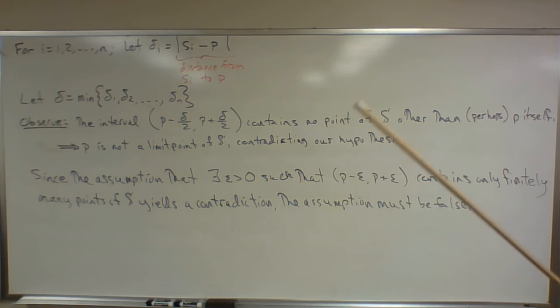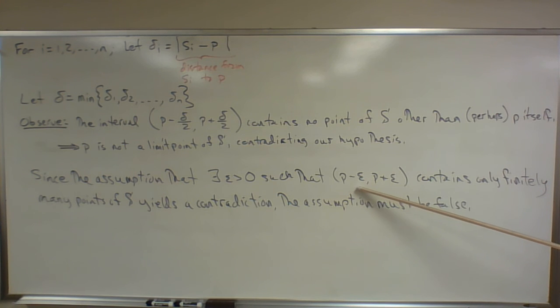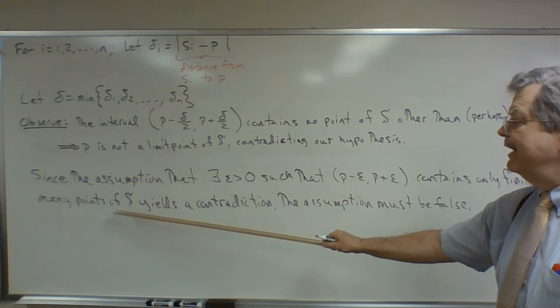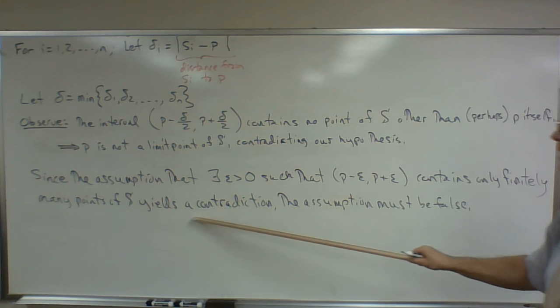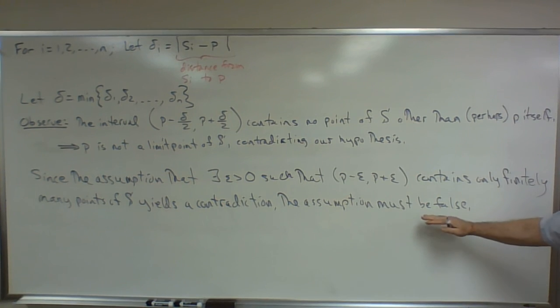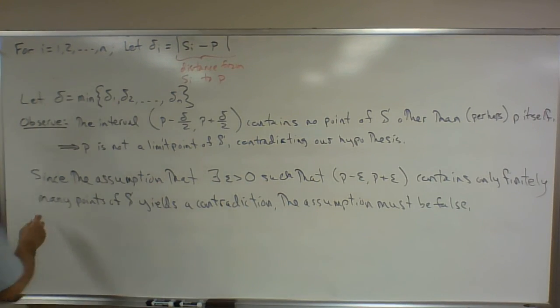So we assumed that there's an epsilon greater than 0 such that P minus epsilon, P plus epsilon contains only finitely many points of S, and that yields a contradiction. The assumption has to be false. If we assume this interval contains only finitely many points of S, we get a contradiction. The assumption must be false.